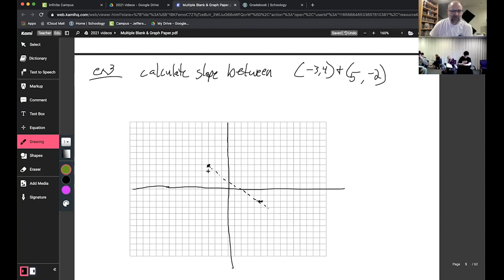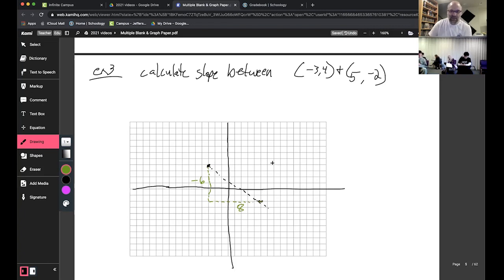Okay, so I could do this. You could still draw your triangle and figure out how much it rises. So it goes down 1, 2, 3, 4, 5, 6. So it goes down 6, and then it goes right 1, 2, 3, 4, 5, 6, 7, 8.